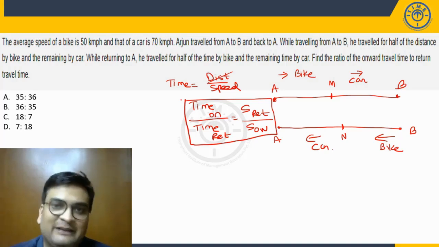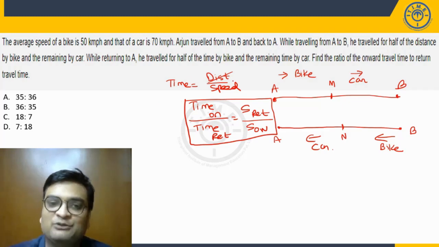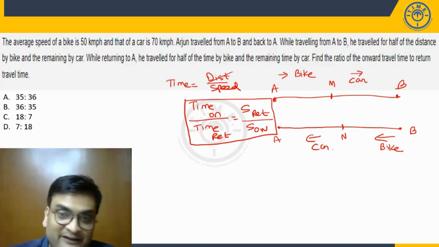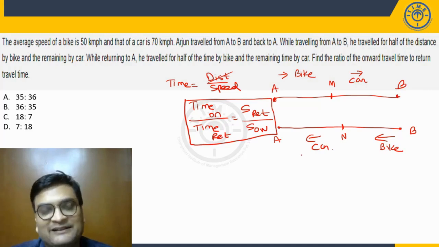The ratio of the time will be equal to the inverse of the ratio of the speeds because distance is constant. It will cancel out. So time 1 by time 2 will be equal to speed 2 by speed 1. But now I need to understand what is speed onward, what is speed return.